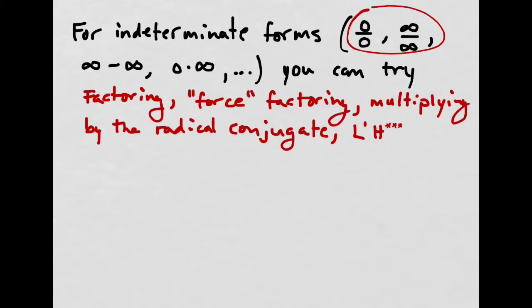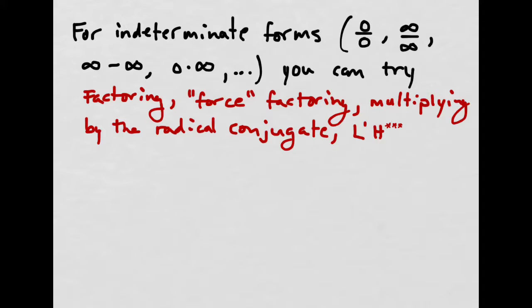Those are indeterminate forms. You can try factoring, multiplying by the radical conjugate, or L'Hopital's rule. Remember, you can only use L'Hopital's rule if you have those indeterminate forms. If you have the other indeterminate forms, you might be able to get it into this form. But that's another thing you need to remember.